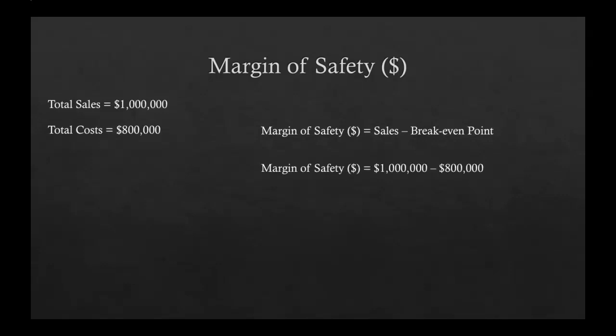So our margin of safety in dollars will be our $1 million in sales minus that $800,000, giving us a margin of safety in dollars of $200,000. So we've sold $200,000 more than our break-even point.